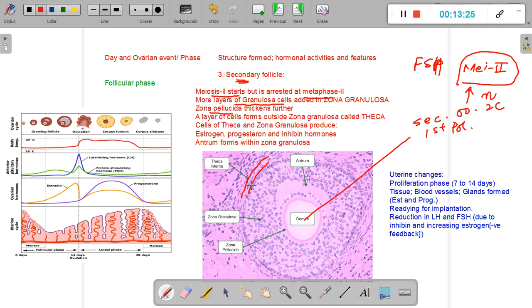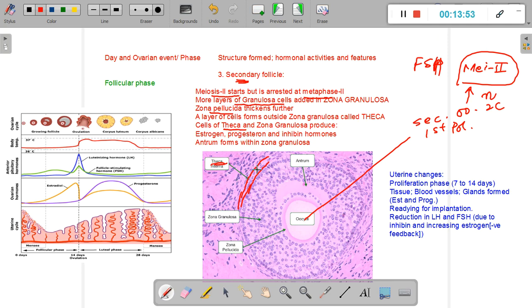You see, a layer of cells is being added outside the zona granulosa. This is the zone of the granulosa cells, the zona granulosa. All of this is the zona granulosa. Outside the zona granulosa, a single layer of cells is added, and this is called the theca. You don't have to remember it as theca interna, just remember it as theca. So the secondary follicle shows the formation of theca.